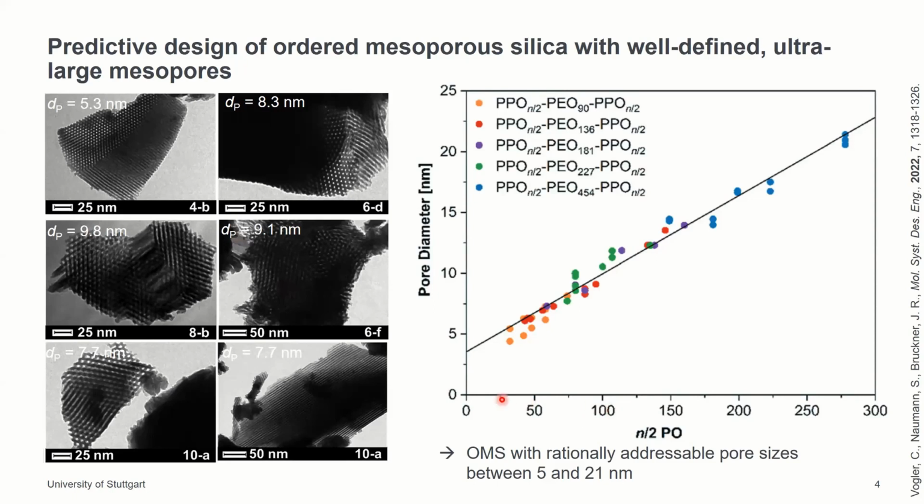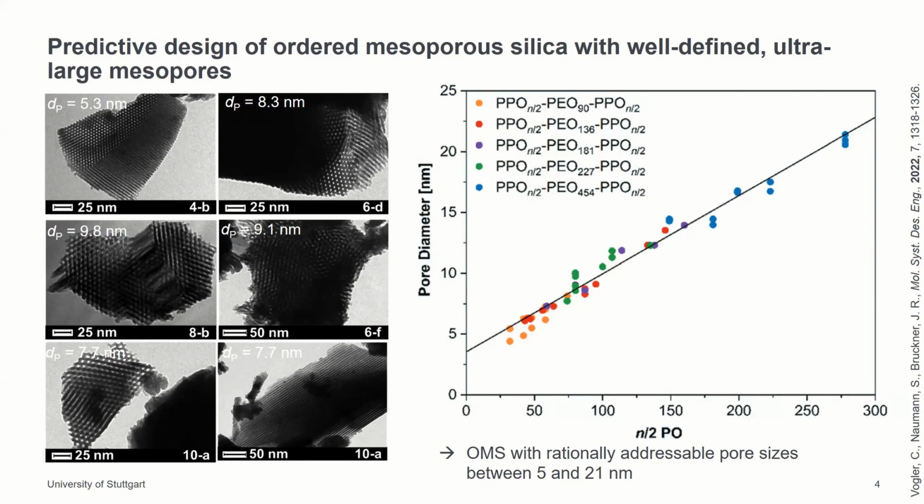You can see here in this graph, we have a perfect correlation between the pore size and the composition of the Pluronic. You can also see that the range of pore sizes goes from about 5 up to about 21 nanometers. So this is really a large range, which was not possible to synthesize before, at least not in such a controlled way.